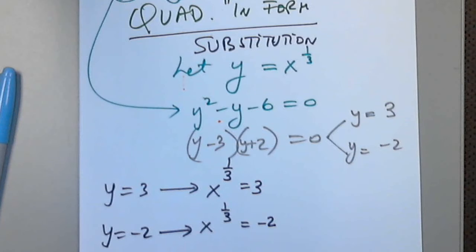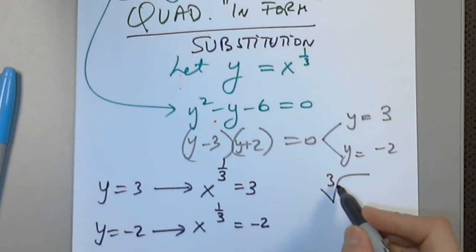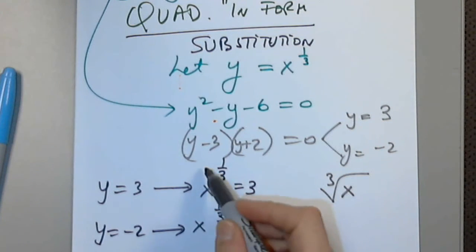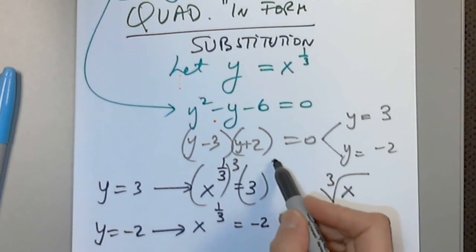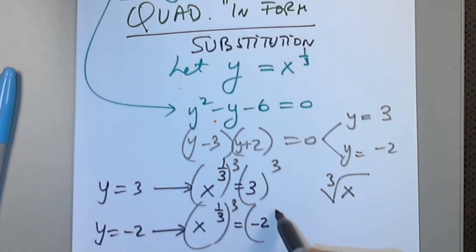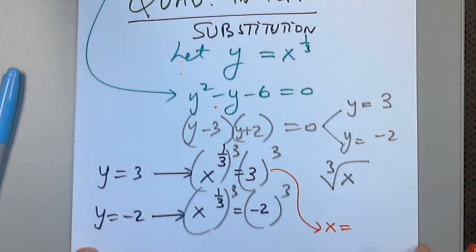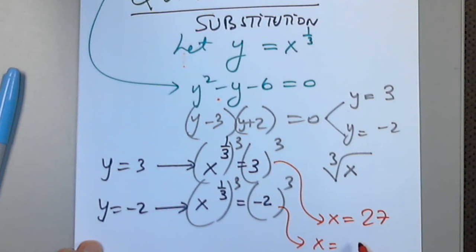It's a radical equation. Power 1/3 is the cube root of x. So in order to eliminate power 1/3, I have to cube both sides. Is this clear? Okay, so we have one more step. x equals 27, and from here x equals -8.